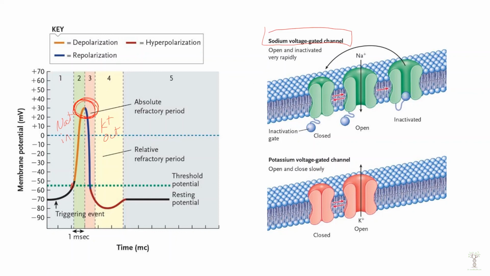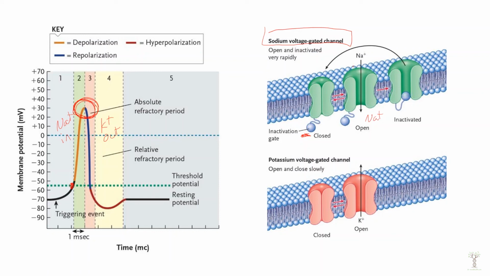Down here at the threshold level, the sodium channels had to open to allow the sodium to move in. This is what the sodium channels look like. They have this inactivation gate. So when the charge changed at the threshold level, the sodium channel opened and ions moved through. The sodium moved into the cell.